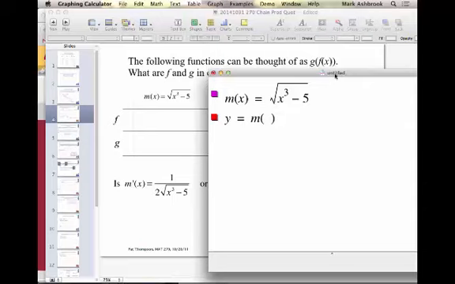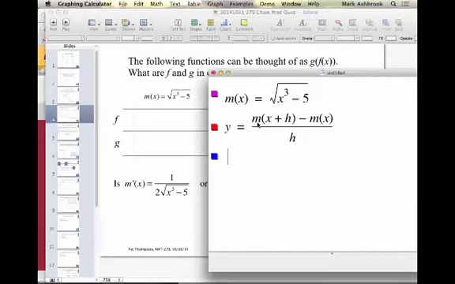I want to graph the exact rate of change function. M of what? X plus h. Minus m of x, all over, divided by h, for h equals something small.